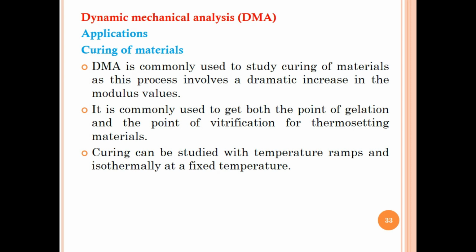Thermosetting materials, already discussed, become hardened and softened with the application of different temperatures. Curing can be studied with temperature ramps and isothermally at a fixed time. Isothermally means we keep the temperature constant and run the DMA instrument for the analysis of the polymer.